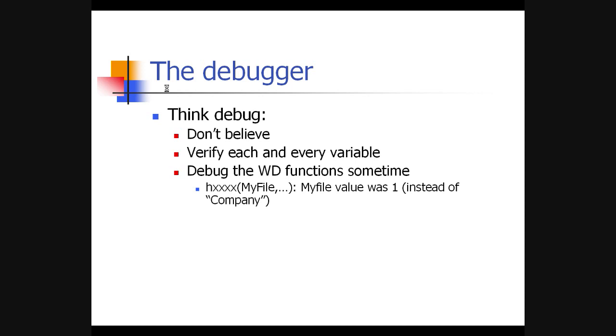And when I inspected the code in the debugger, I realized that my file, when I was looking at the value of my file at this point, was 1 instead of a string with the value company in it. So I replaced my code with hxxx company in quotes instead of company without quotes, and that solved the problem.